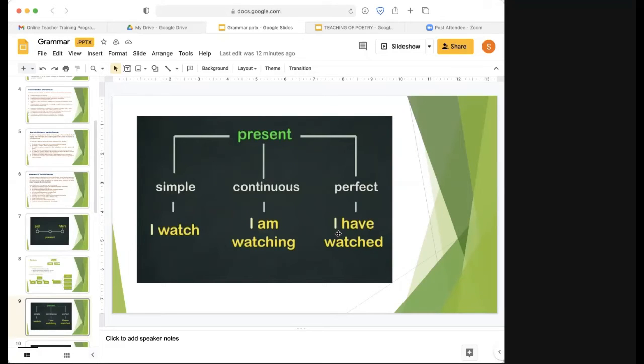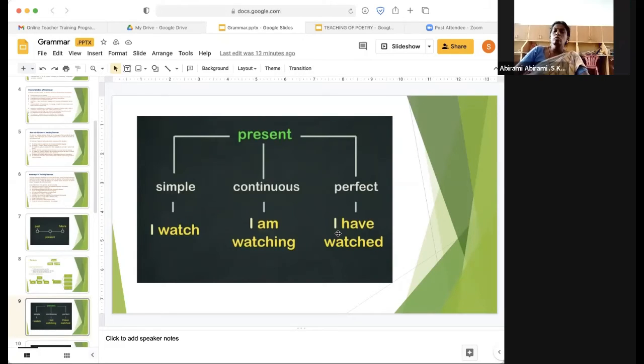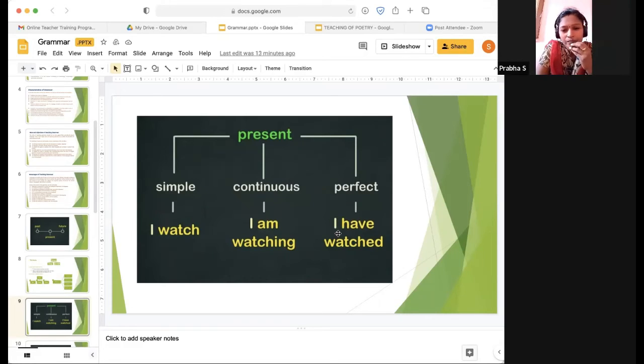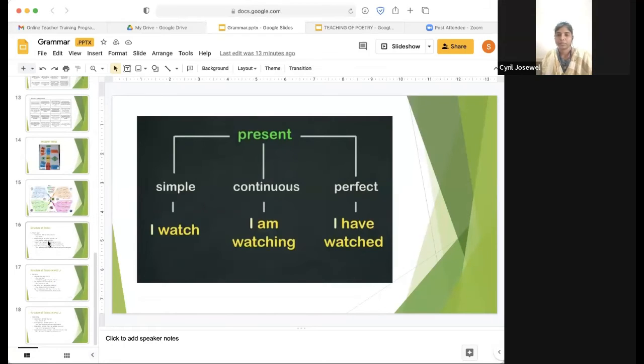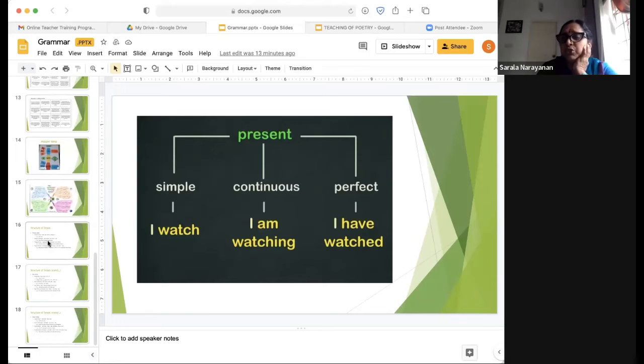I watch, first form of the verb, V1 verb. Everything is verb only, but see, V1 verb in the present. I will show you what is the structure for this. If you show the structure to the students, they'll be easily able to identify.